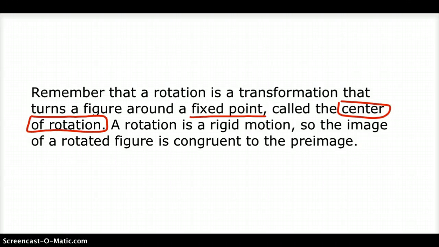Okay, and it also reminds us that a rotation is a rigid motion, and so the image of the rotated figure is congruent to the pre-image. Just like the image was congruent to the pre-image in translations and reflections, it's going to be the exact same thing for rotations.